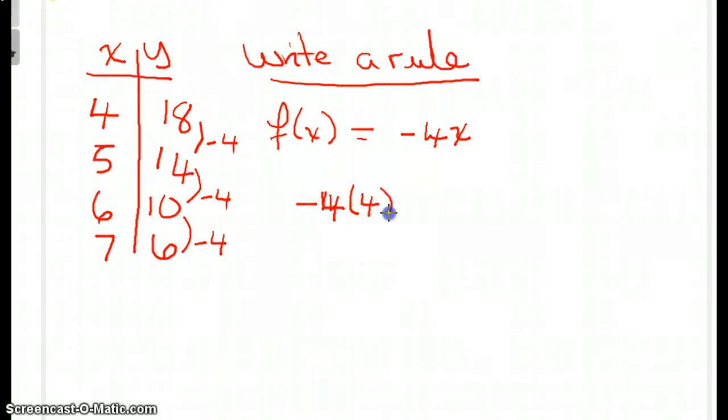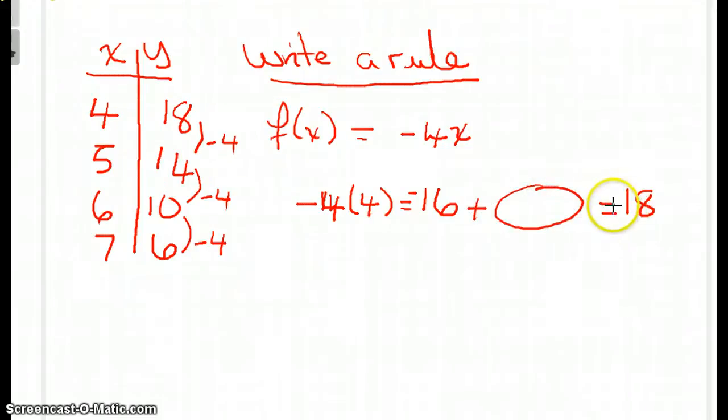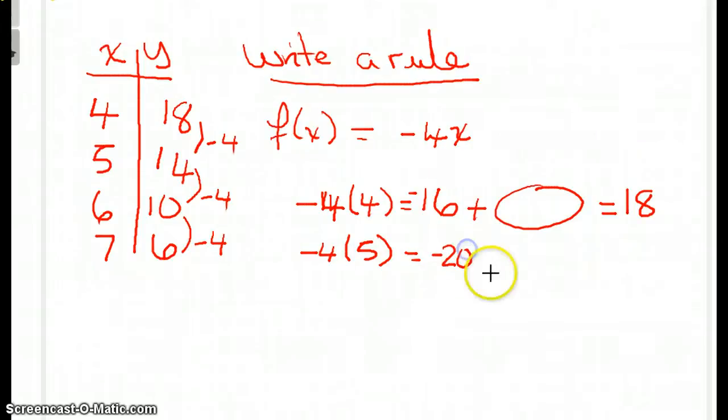Okay? And then I'm going to say -4 times 4 equals -16 plus some number is going to equal 18. -4 times 5 equals -20 plus some number equals 14.